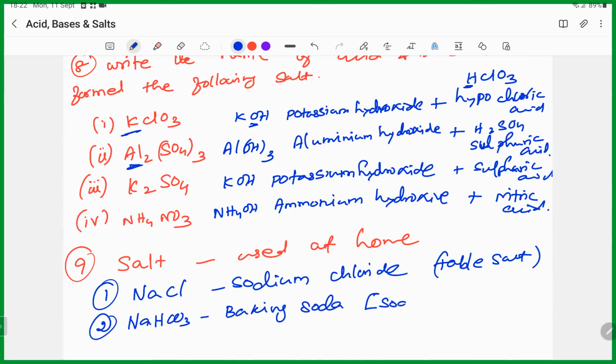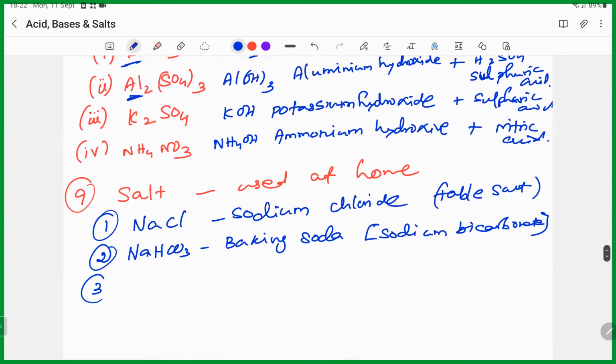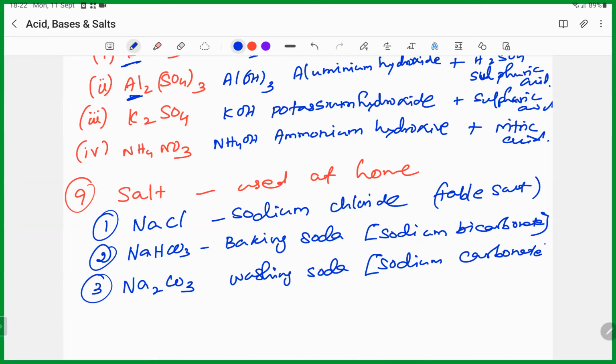That means sodium bicarbonate. அடுத்து பேக்கிங் சோடா சொன்னது இன்னொன்னு என்னது? அது என்னது? சோடியம் கார்பனேட். இன்னொன்னு ஏதாவது வீட்டுக்கு முன்னாடி திருஷ்டிக்கு ஒன்று கட்டுவாங்களா, அது என்னது?